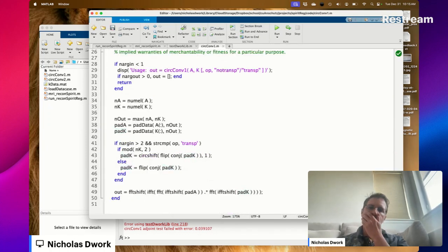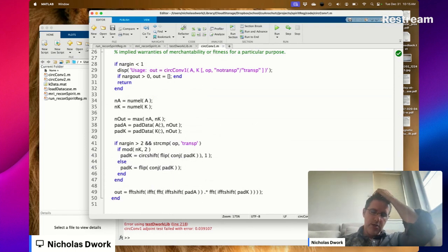So let's see. Oh, because I was thinking of it in terms of, yeah, right. Because if we go back to what we did yesterday, the adjoint of a matrix is a conjugate transpose.